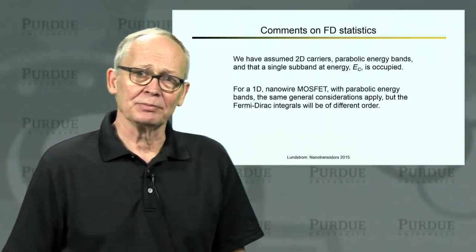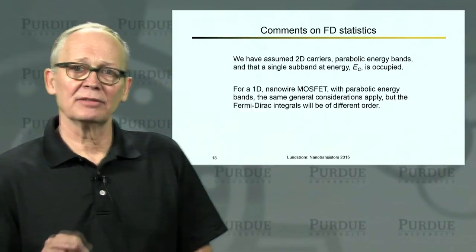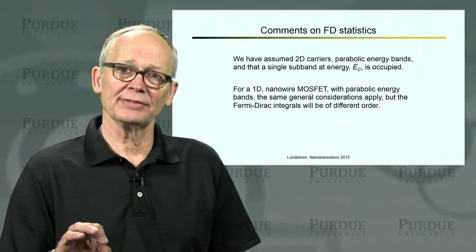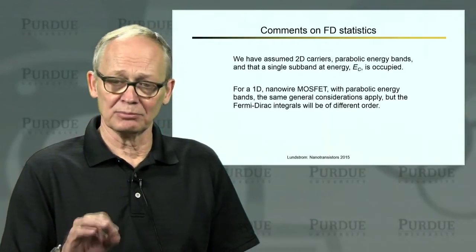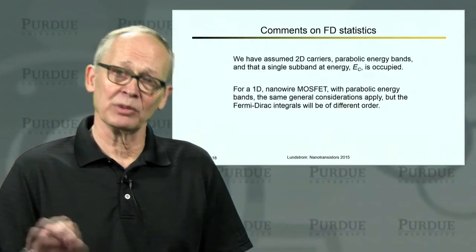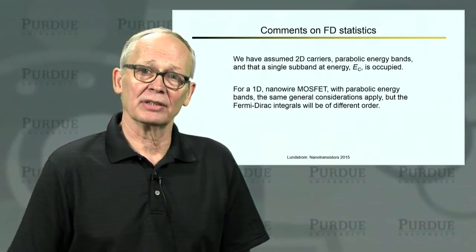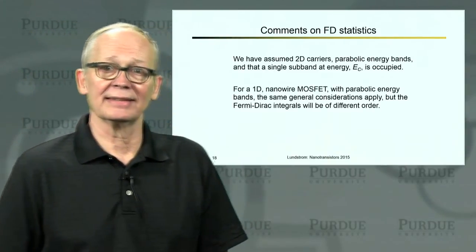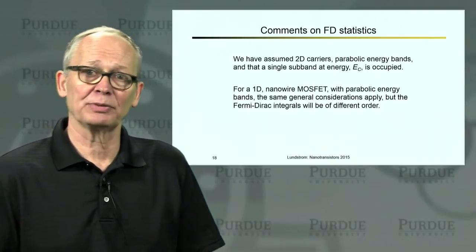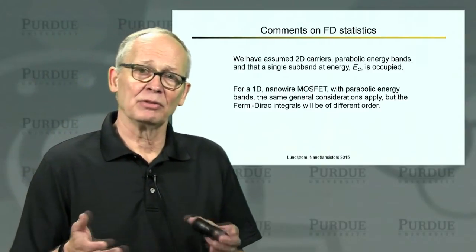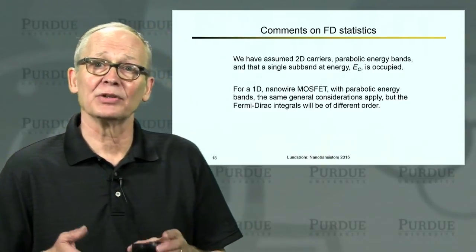So for example, if you were to do this calculation for a 1D nanowire MOSFET, and nanowires are more and more interesting, and that may be where the technology ends up going, it will be a different calculation. There will be a 1D density of states. You may still use parabolic energy bands, but you'll find Fermi-Dirac integrals of different orders.